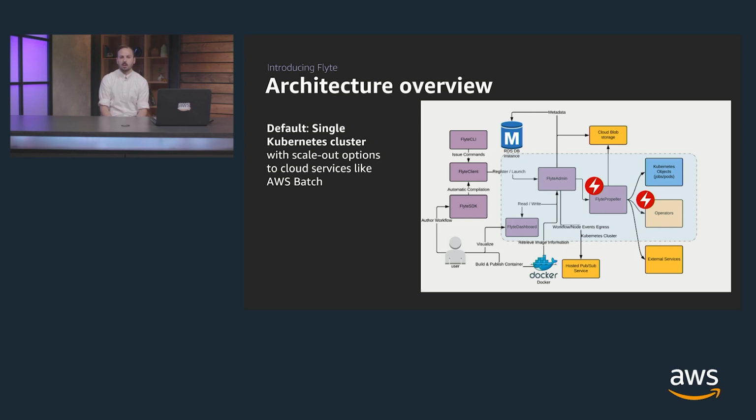Once you call that client, it goes to a central registration service. This registration service will maintain a history of all task and workflow versions that you have created and allow you to recall those at any time and submit them into our execution plane. And the execution plane is where things get particularly interesting. So we have Flight Propeller, which is kind of the brain of the system, which will receive one of these specifications for an execution.